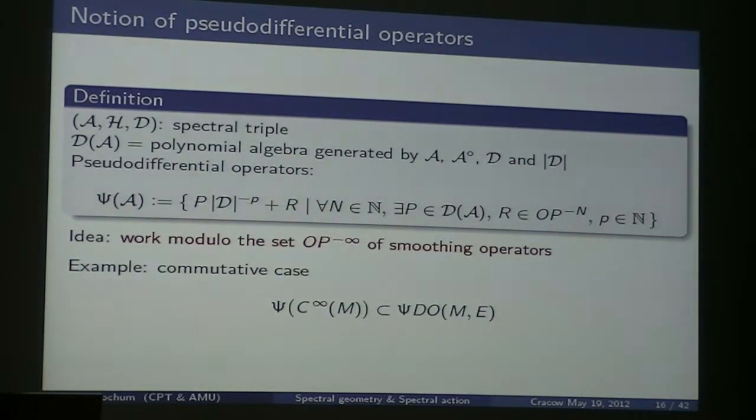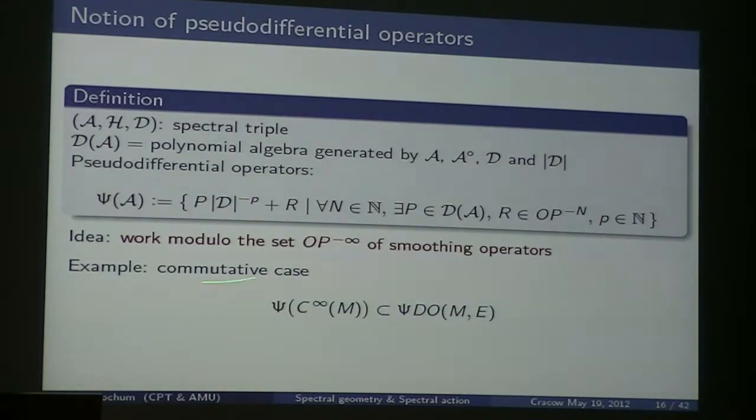And this plus something is as usual when you work with pseudo-differential operators, because you work modulo smoothing operators, and here you want to mimic this up to this smoothing operator. Okay? So this is the idea. So essentially it has this form plus something which is quite regular.